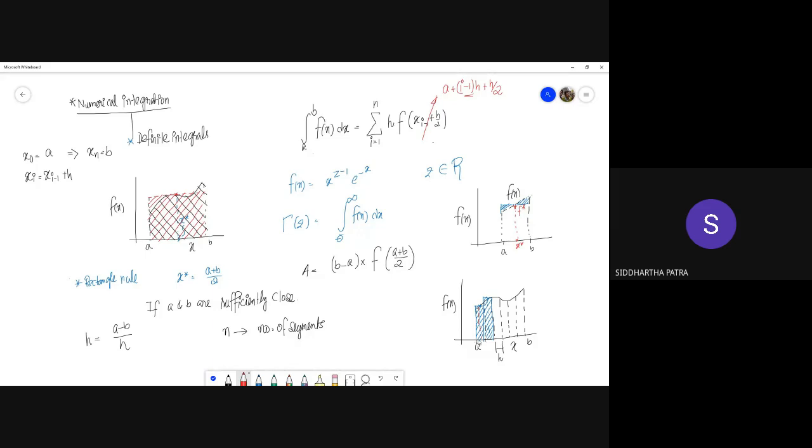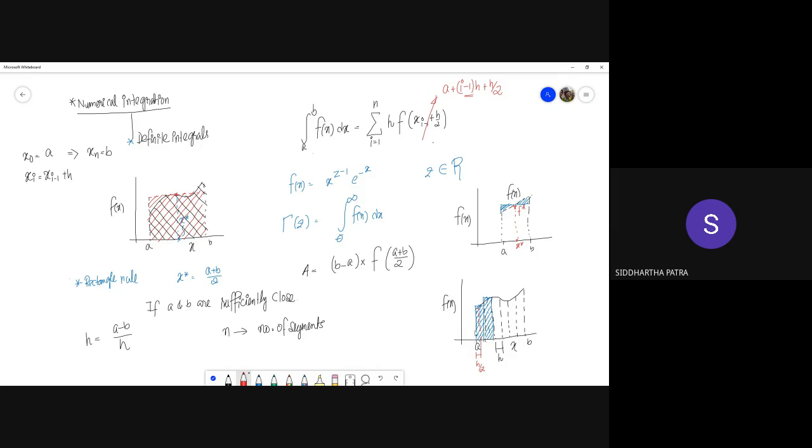So let's say I'm talking about the first rectangle, which corresponds to i equals 1, and I should be taking the function value in the middle of the rectangle. In the middle of the rectangle, the x value right here is a plus h by 2, because the width of the rectangle is h.